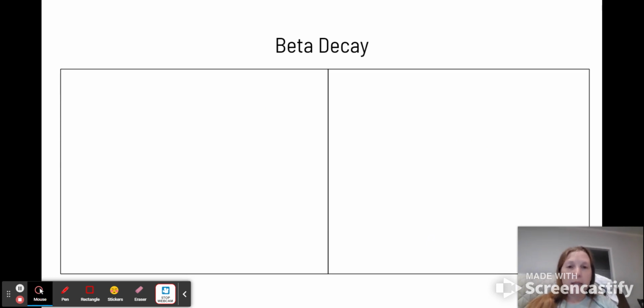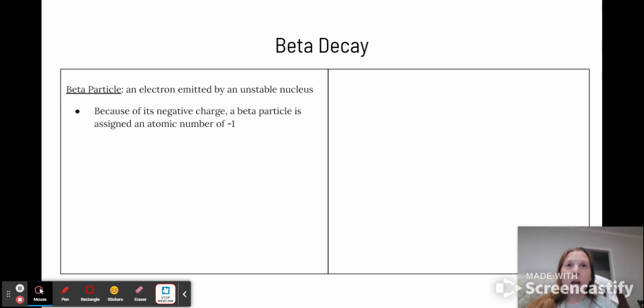The next type is beta decay. And this is when an electron is emitted from an unstable nucleus. So the way to think about this is a neutron, which we know is neutral, is made up of a proton and an electron hooked together. Since it's a positive and negative hooked together, they cancel out, making them neutral. Well, here what happens is one of those neutrons will emit an electron.